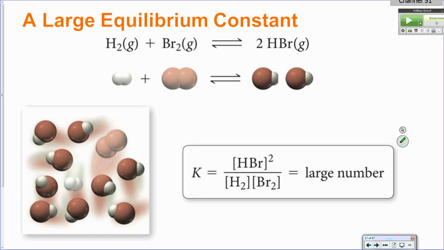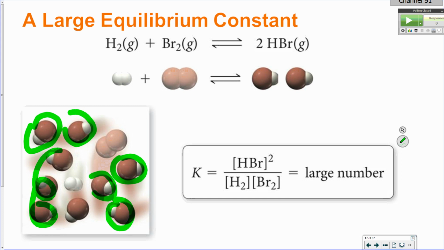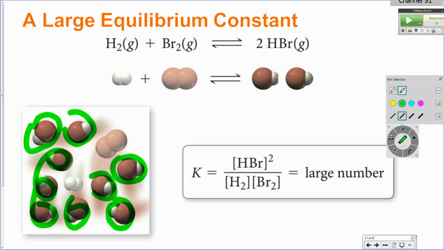So if I put these things together in a container, and they're all gases in the system, and seal it off, and just come back after some period of time, what I'd find is that most of the atoms that are there have combined to form the products, HBr. That's where most everything has gone to. There's only a few things that are still the original reactants. So I've got just maybe a molecule of Br2 and a molecule of H2.